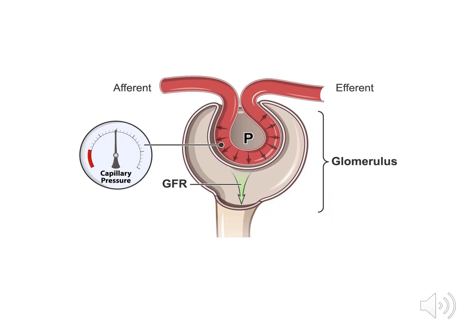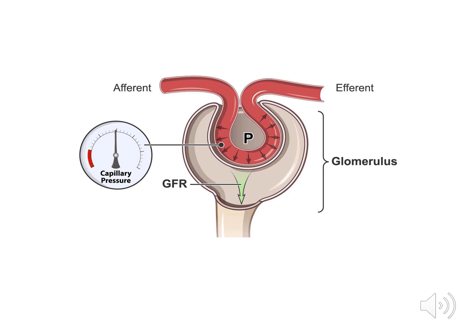Now, here's a different kind of view where you see the afferent arteriole bringing blood into the glomerulus, and the efferent arteriole taking it out. The reason why this is important is because the afferent and the efferent arteriole are sort of like the intake and output valve for the glomerulus. And depending on whether they are constricted or dilated, that controls pressure within the glomerulus.